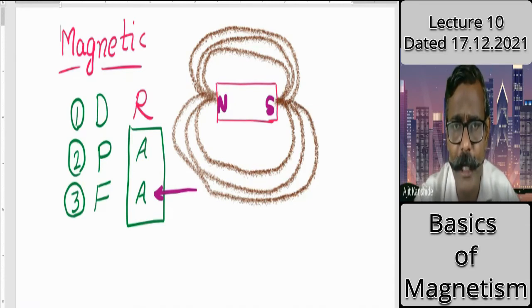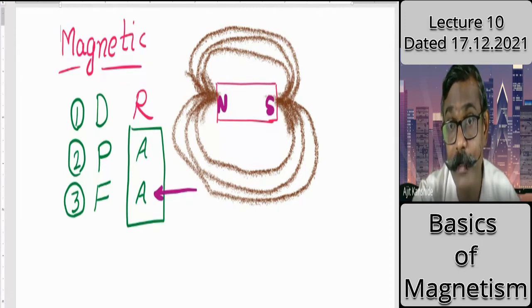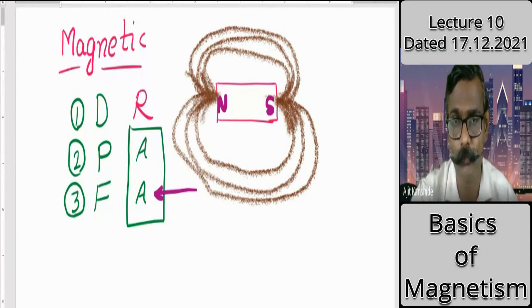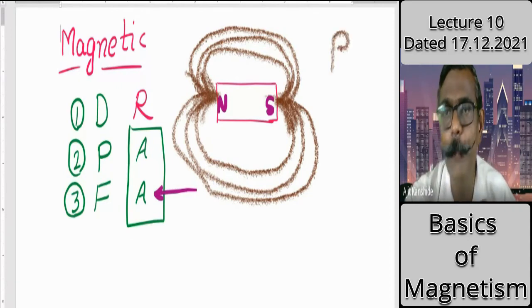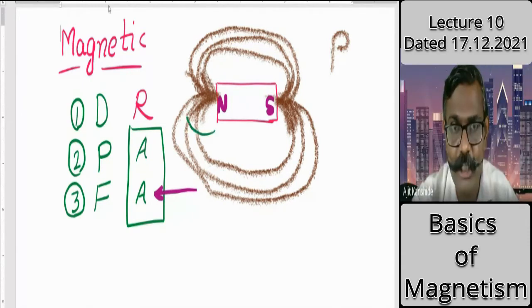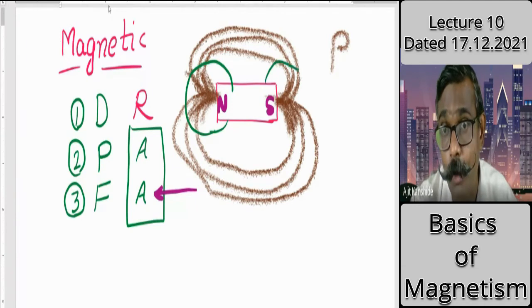Where is the magnetic line intensity or density more, near the pole or away from the pole? This is the magnetic lines of density, or intensity of magnetic lines, the magnetic field. Where is it more? At the pole. Right. So this region is where there is a strong magnetic field, same magnet.